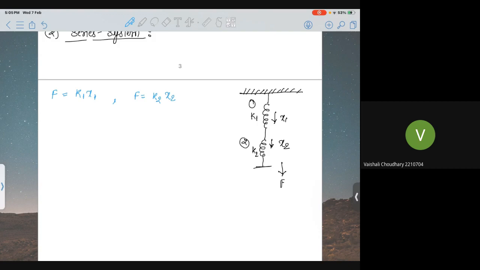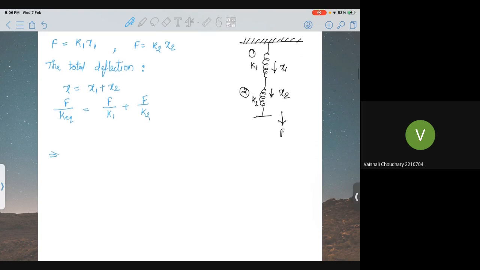Okay, so the total deflection due to the force F is x1 plus x2. X is nothing but F divided by k equivalent. X1 is F over k1 plus X2 is F over k2.